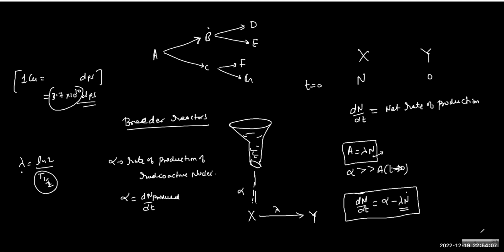And that will happen for sure because the activity will keep on growing. As you keep on growing the N number, the activity will not stop. So dN by dt is alpha minus lambda N.